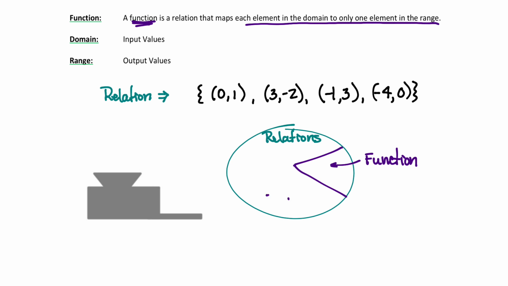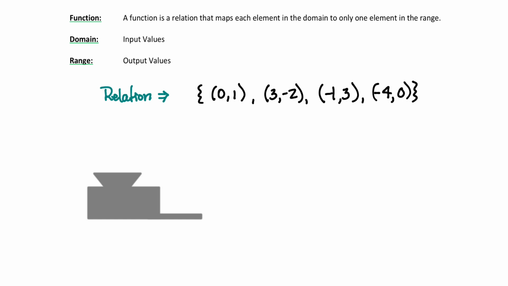There are other types of relations around here that are not functions, and you'll get into some of those later. But we are going to talk specifically about functions because those are more important for what we're doing than relations are. Okay, so we're going to take this little wedge and break it down a little bit more.